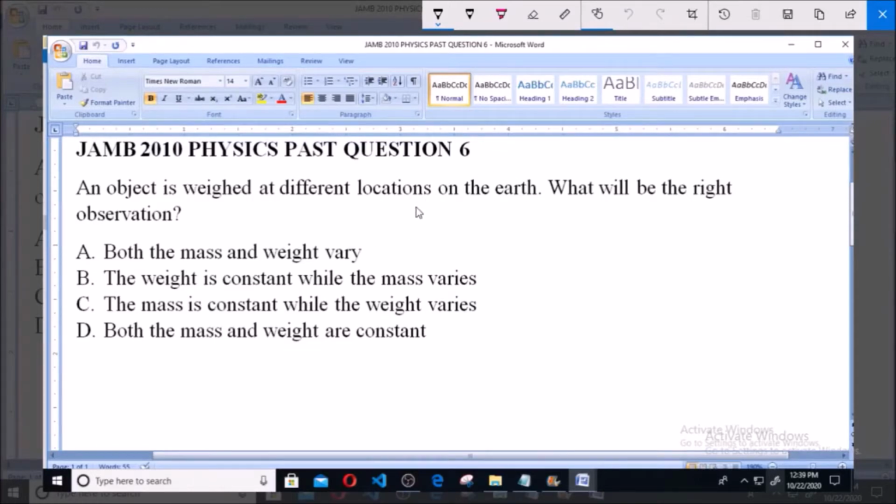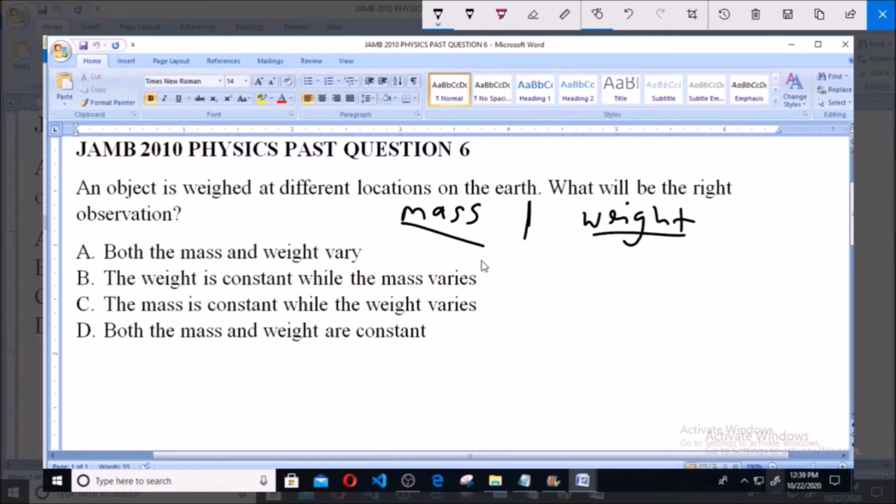Now, this is looking at two concepts, mass and weight. In everyday life applications, these two terms are used interchangeably. But in physics, we are made to understand that there is a difference between mass and weight.